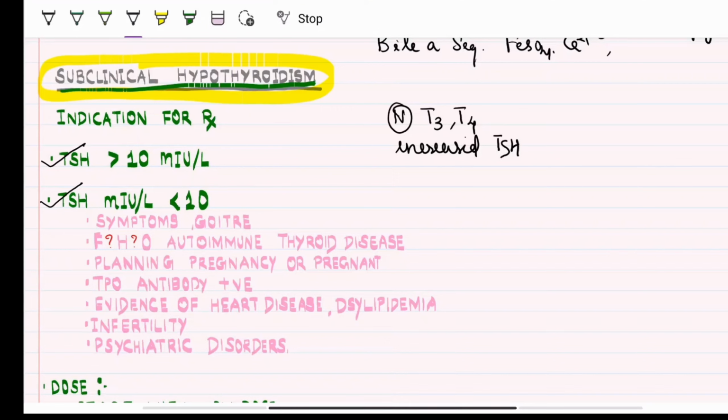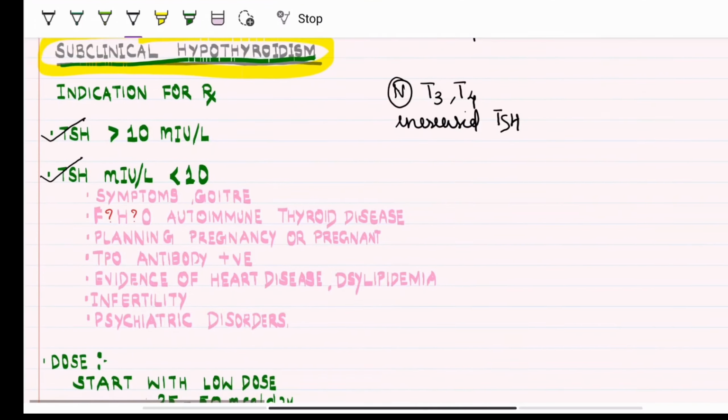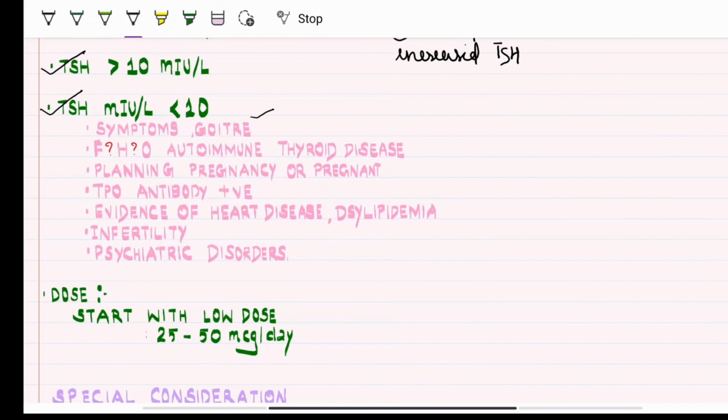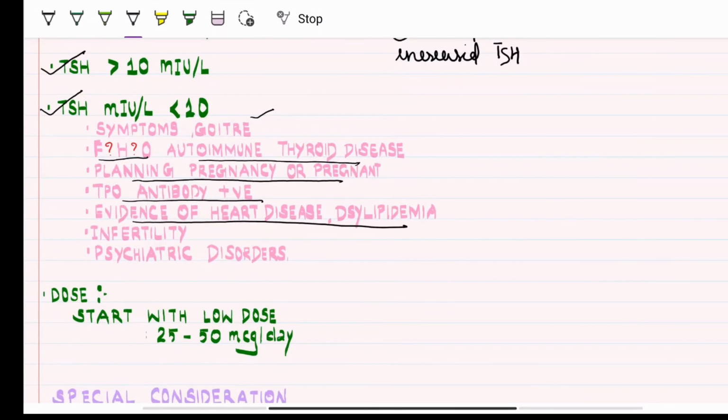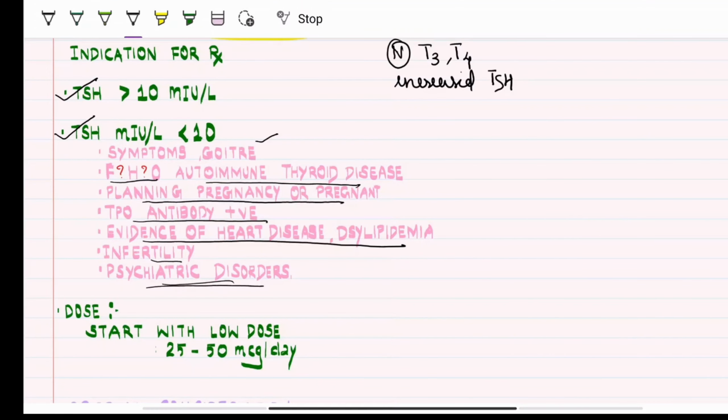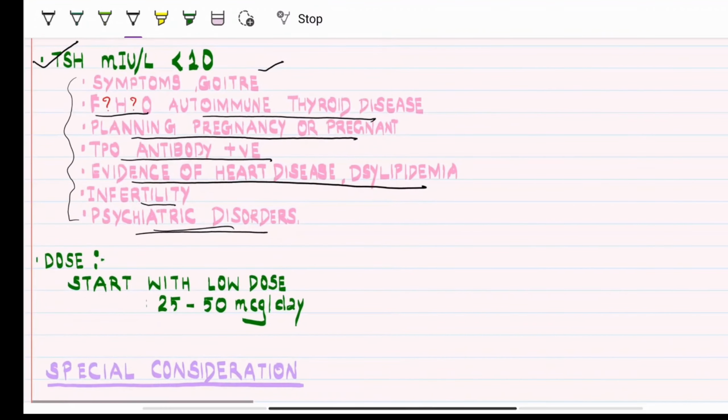If TSH is less than 10, treatment is required in these cases: symptomatic goiter, family history of autoimmune thyroid disease, planning pregnancy, TPO antibody positive, evidence of heart disease and dyslipidemia, infertility, psychiatric disorder. In such cases, even with TSH less than 10, the dose should be around 25 to 50 microgram. It can be adjusted by 12.5 accordingly.